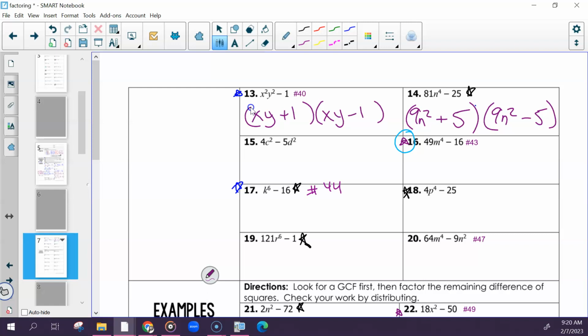Like 9 is a perfect square. I'm making this up. Write this off to the side.